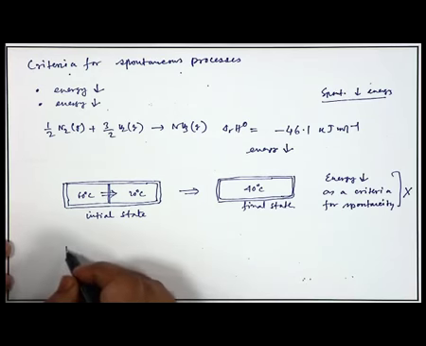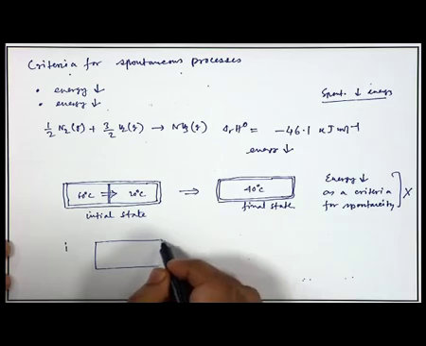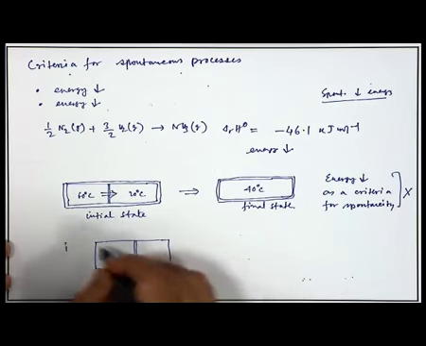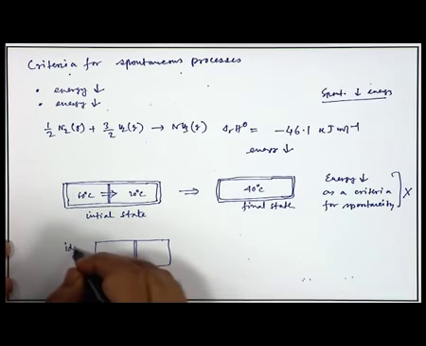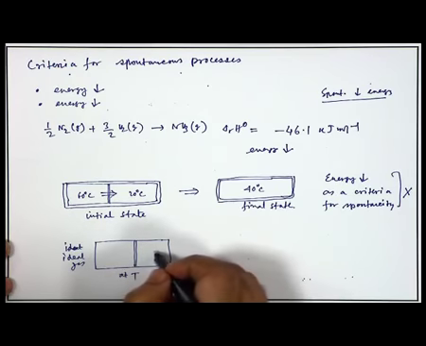For example, if I have an ideal gas kept here in two sides, in a constant temperature bath at T, both are at T, this is an ideal gas. This side is vacuum.